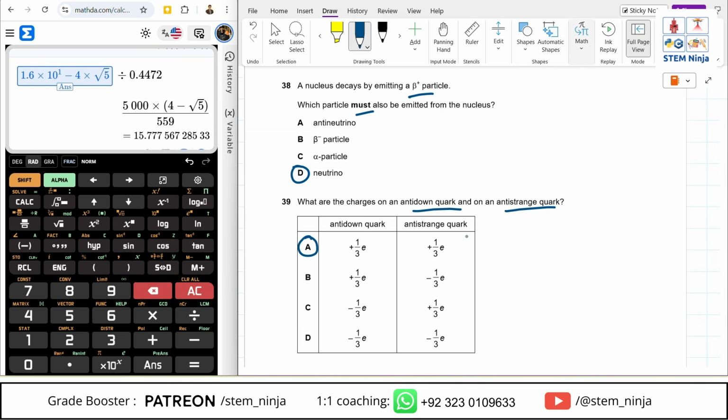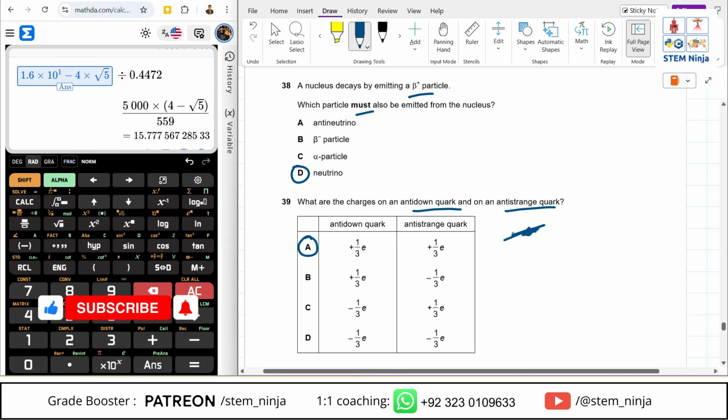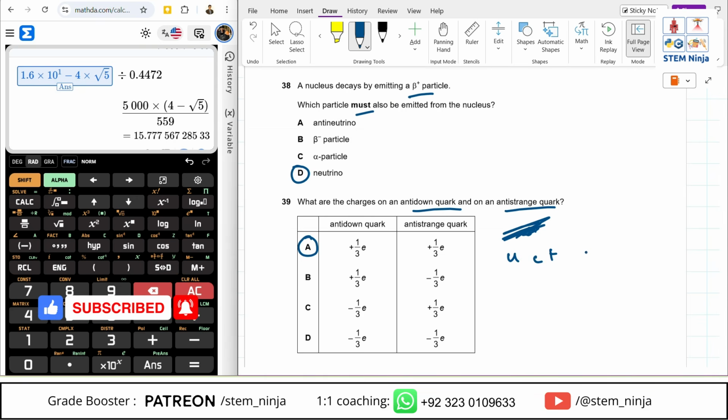Now, how can you memorize this? The up, charm, top have 2/3 E positive charge. That means down, strange, bottom have minus 1/3 E. Their antiquarks will have the opposite charge.